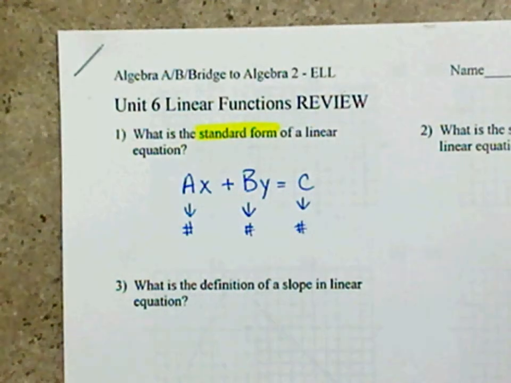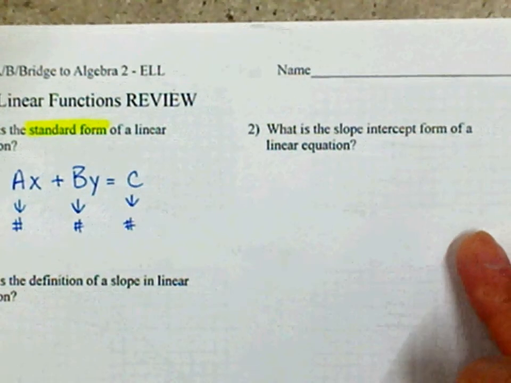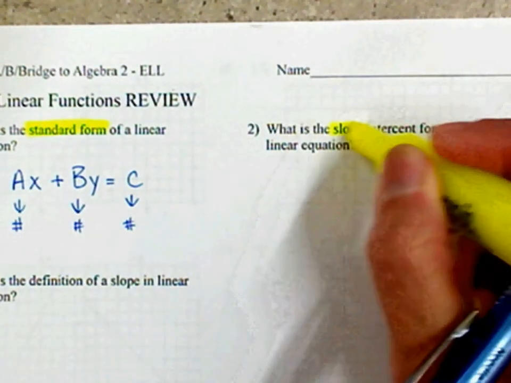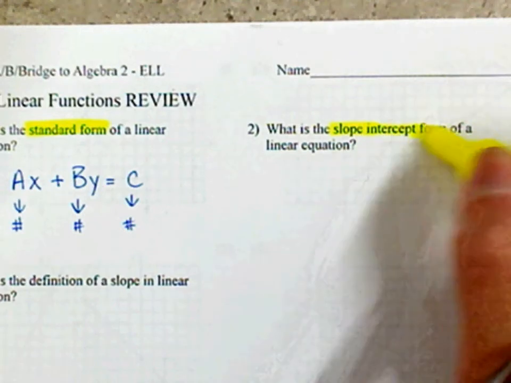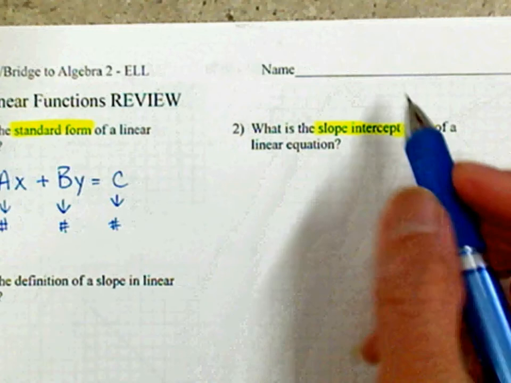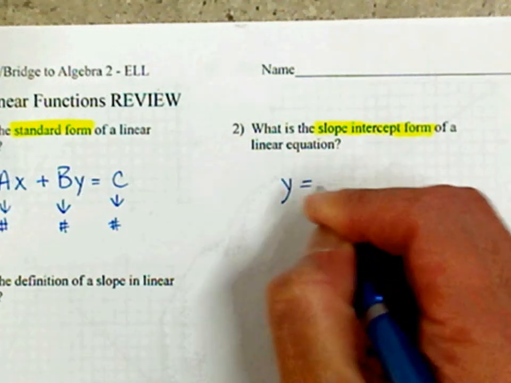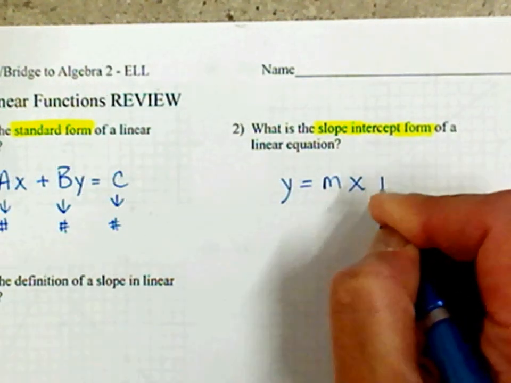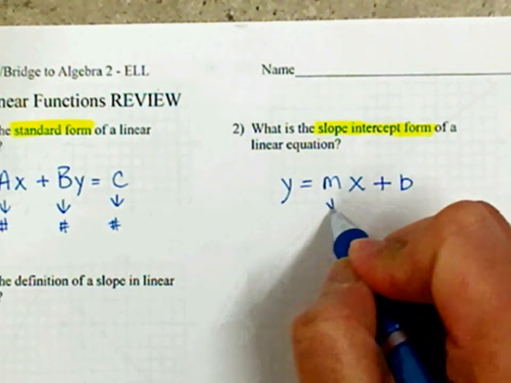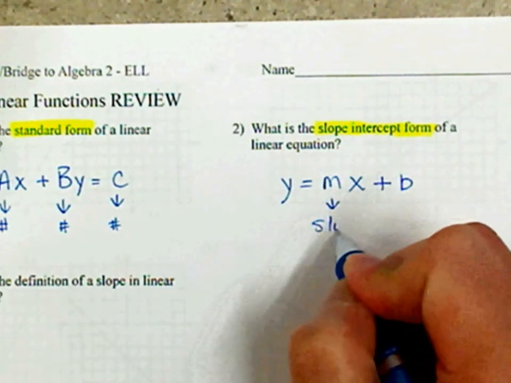Number 2, the key word here is: what is the slope-intercept form of a linear equation? And that form looks like this: y equals mx plus b. The m is your slope.